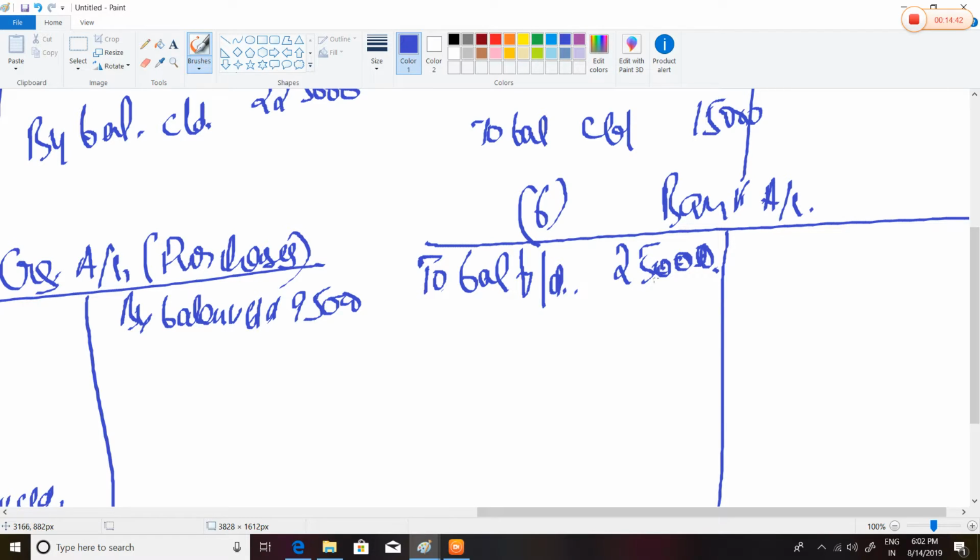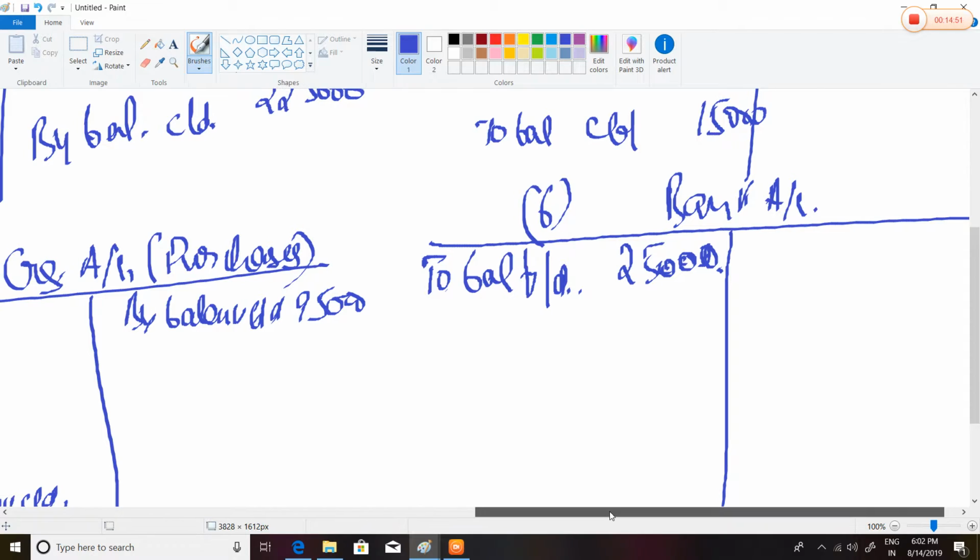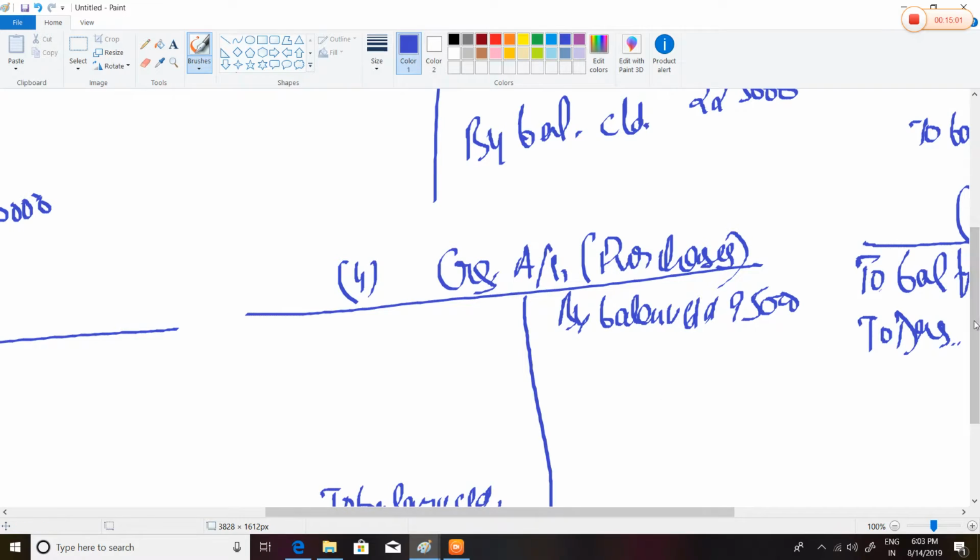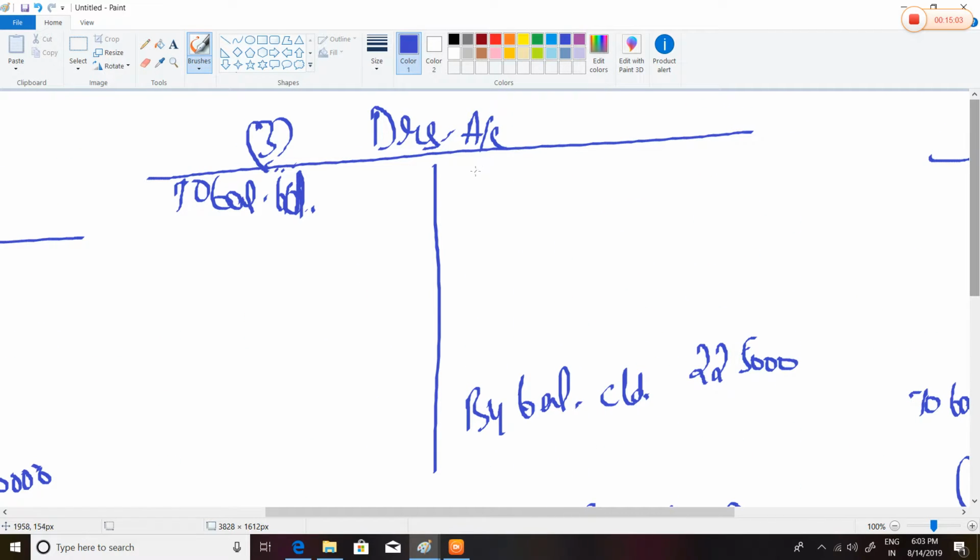Okay. So, if we come to adjustments, other information: collection from debtors 9,25,000. To debtors here 9,25,000, in the debtors account.